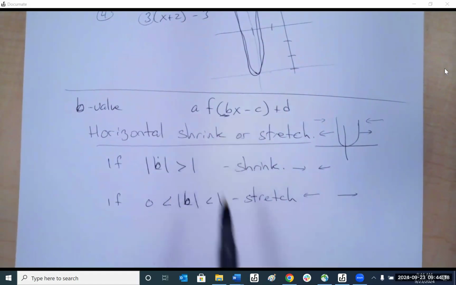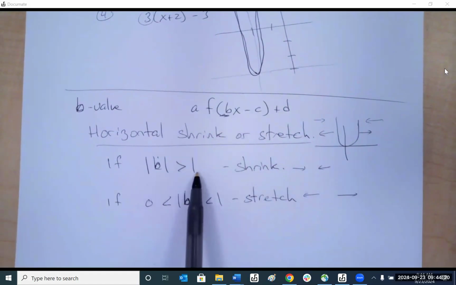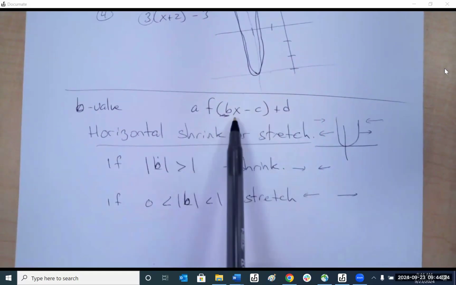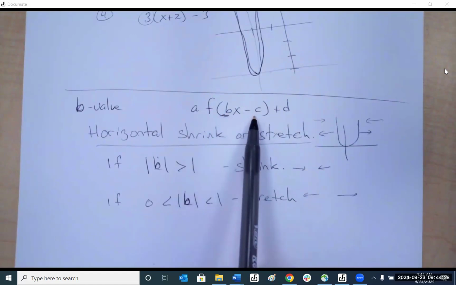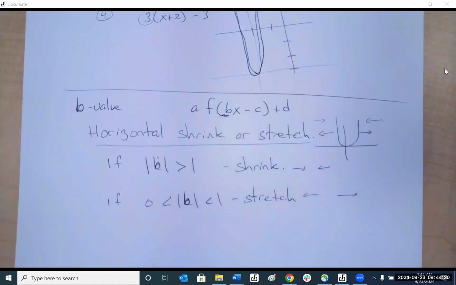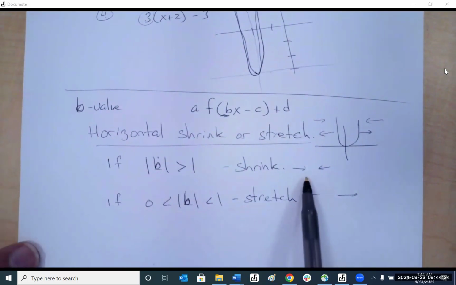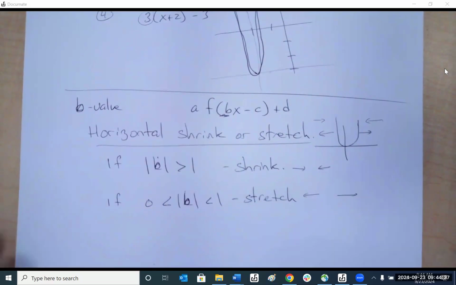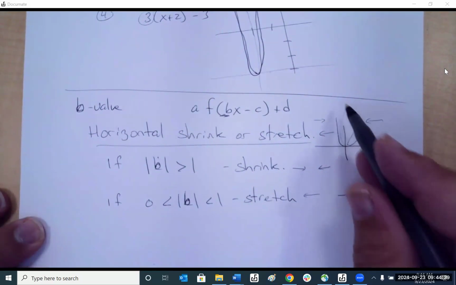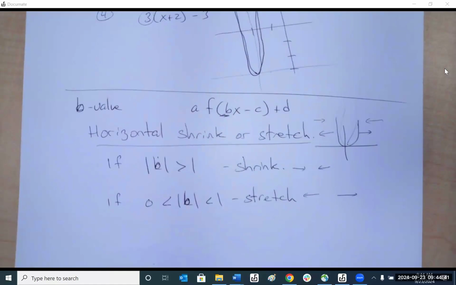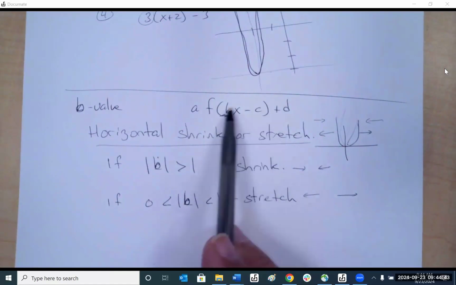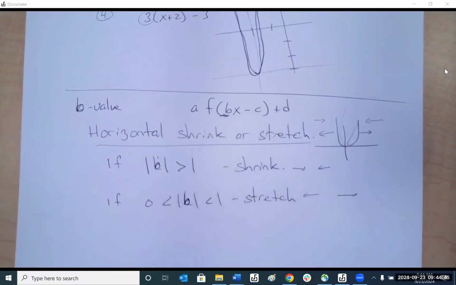It's the coefficient of X. If the coefficient of X is an integer bigger than 1, then we multiply X by that coefficient, then subtract C. So that whole value we're putting in there is going to make the function skinnier because it'll grow much faster. If it's a fraction, we're going to make the input a lot smaller, which means it takes longer to grow.